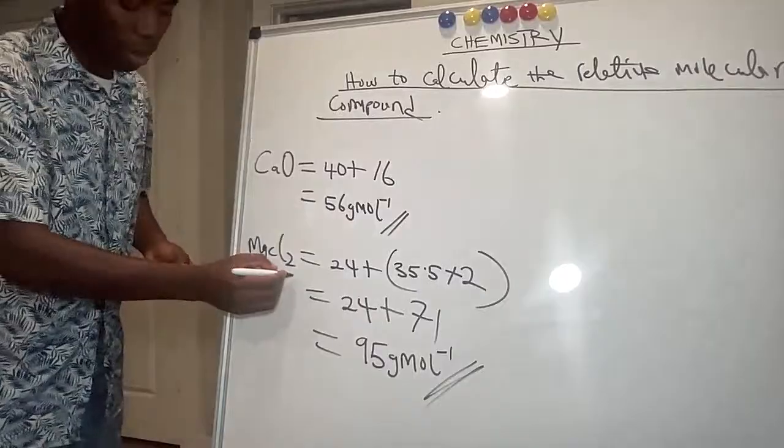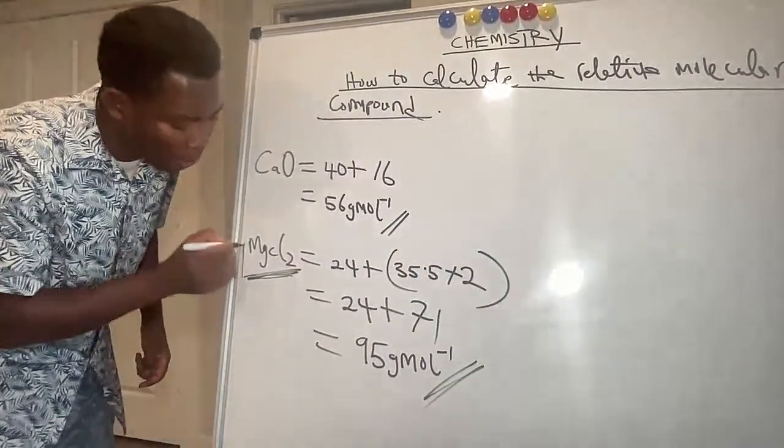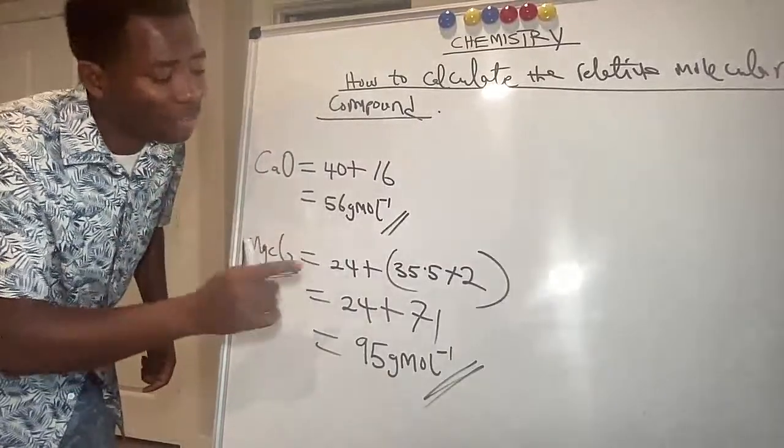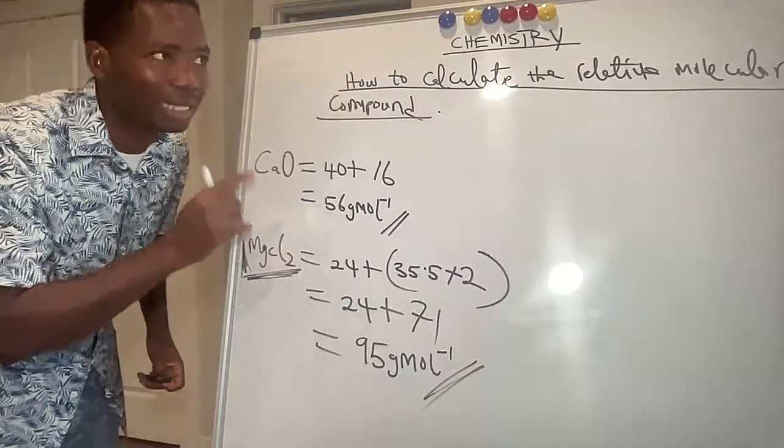Of course, we know magnesium chloride is a salt. It means for 1 mole of magnesium chloride, it has 95 gram.